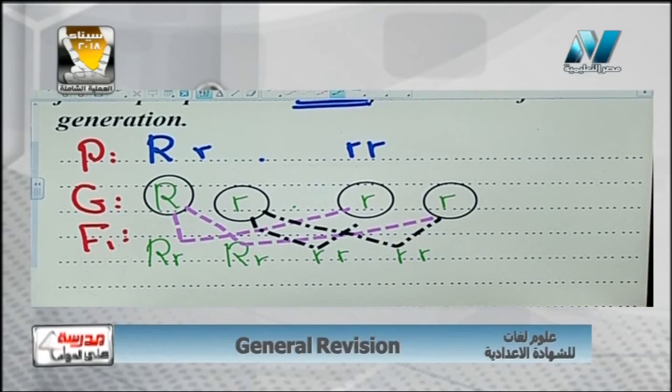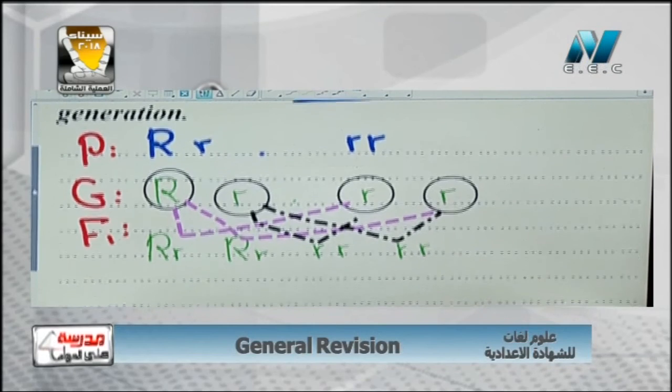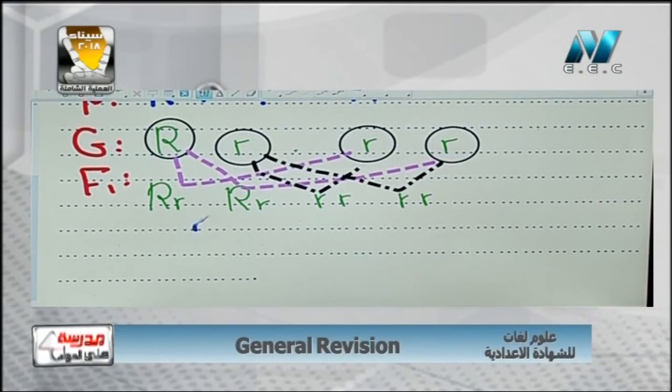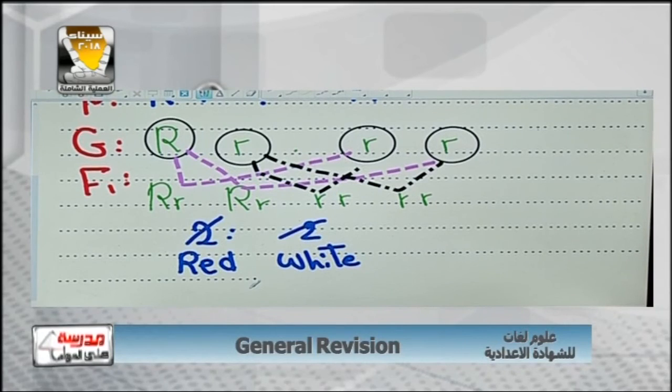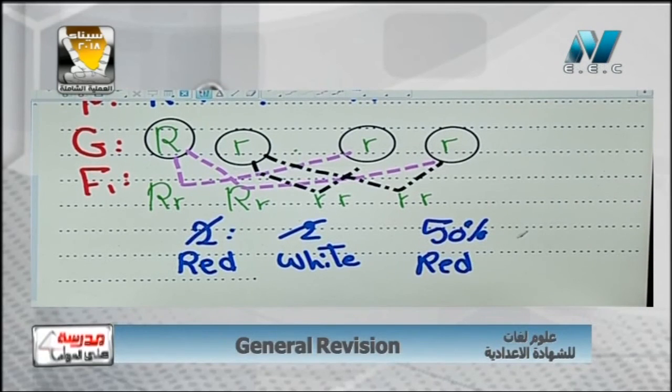So here we have how many? We have 4 individuals. 2 are red flowers, 2 have white flowers. 2 to 2 simplifies as 1 to 1. So 50% red to 50% white flowers.